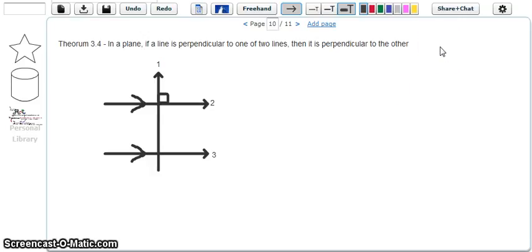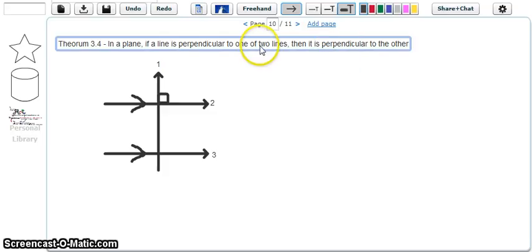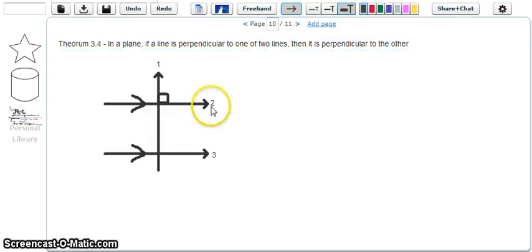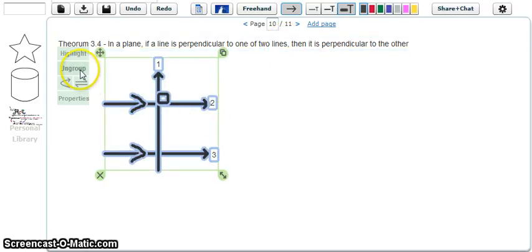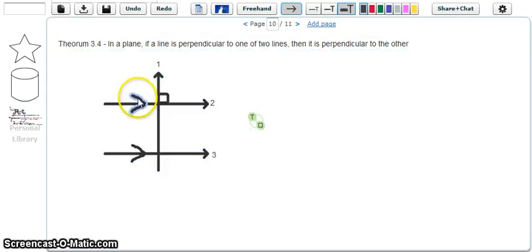Next, we have theorem 3.4. In a plane, if a line is perpendicular to one of two parallel lines, then it is perpendicular to the other. You can see that 2 and 3 are parallel in this example because of these two arrows that tell us that they're parallel.